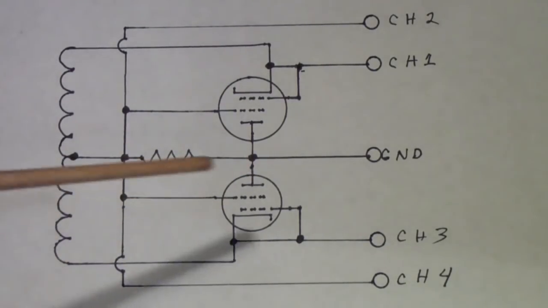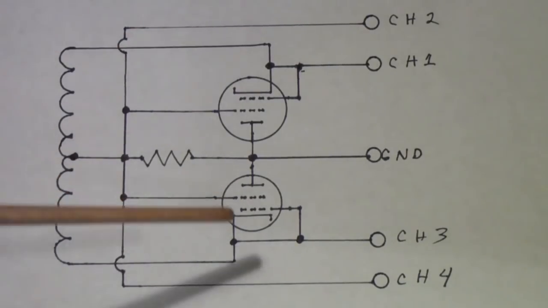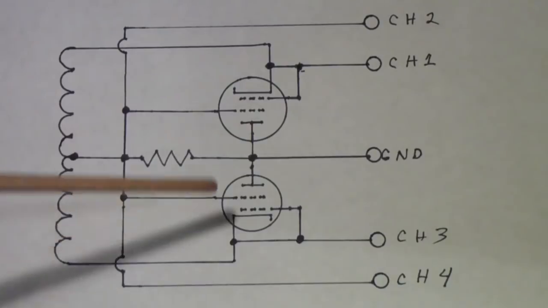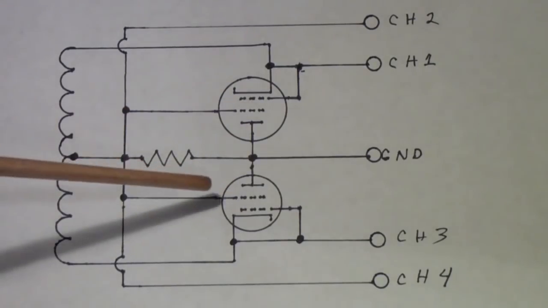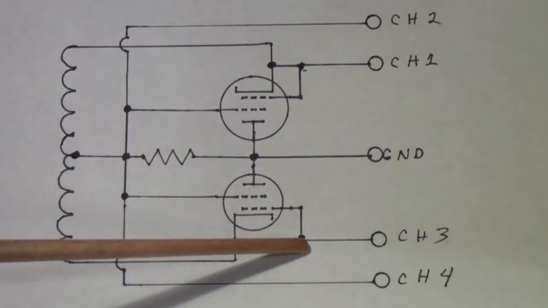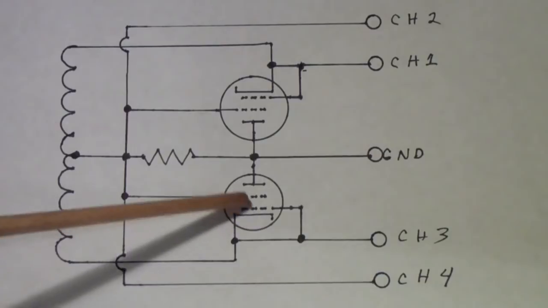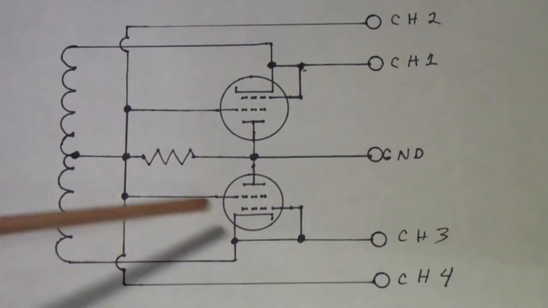So I'm actually taking advantage of the characteristics of a vacuum tube, that it is in itself a rectifier, as well as tying the control grid to cathode so that I get 0 volts grid to cathode.